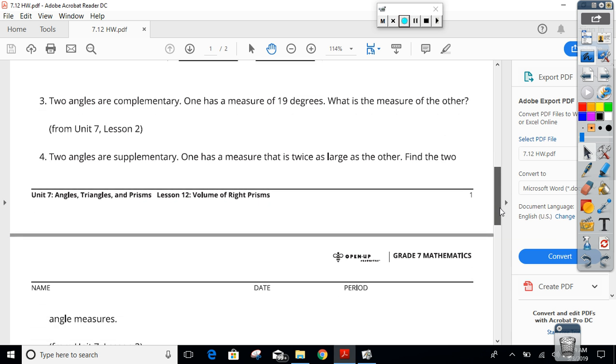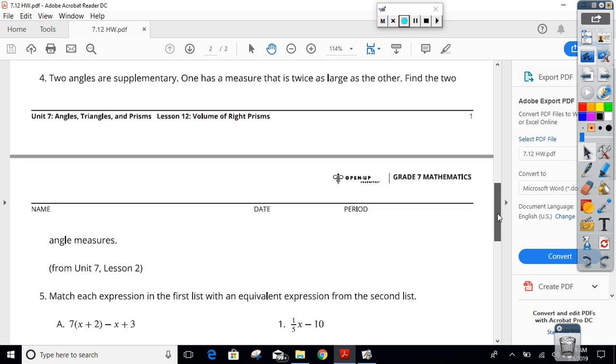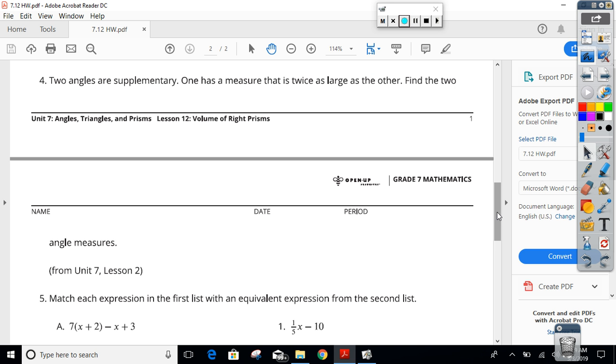Number 4, 2 angles are supplementary. One has a measure that is twice as large as the other. Find the 2 angle measures. When angles are supplementary, we know that they add up to 180 degrees. If one angle is twice as large as the other, we could call the first angle x and the second angle 2x.